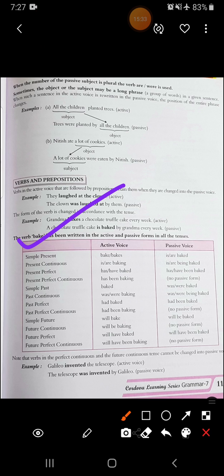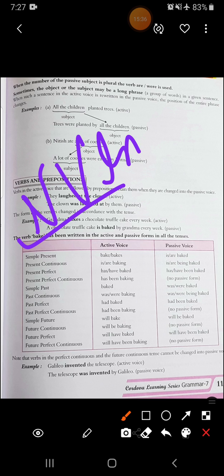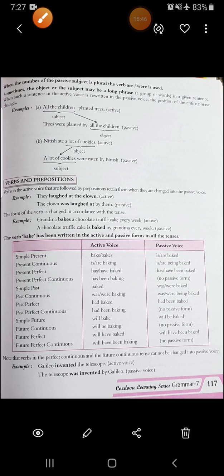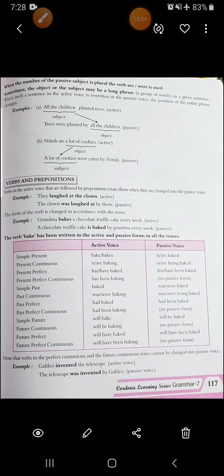This table is very, very important. According to this only we will change the verb everywhere. So remember this table. All right. If the active voice is given in simple present, meaning the verb is either in bake or bakes form, then the passive voice is is or are baked. If it is in present continuous tense, you can understand it by seeing is baking or are baking.